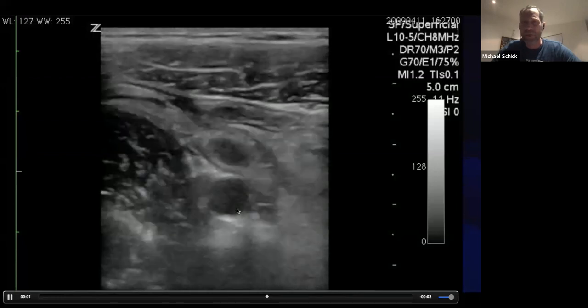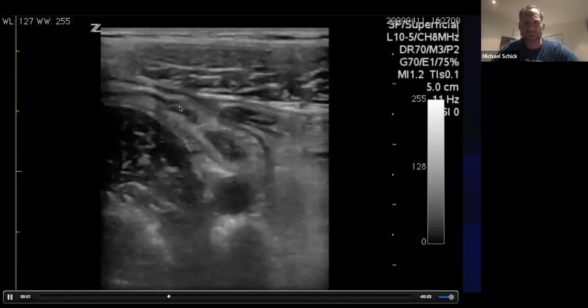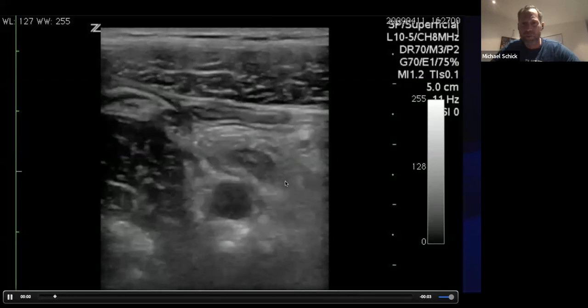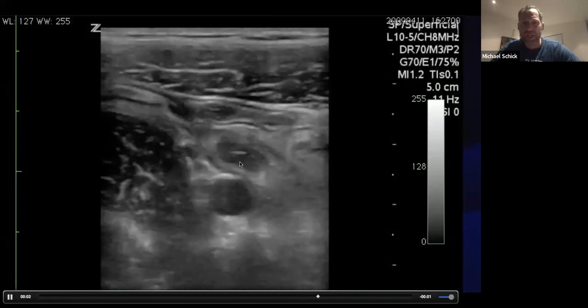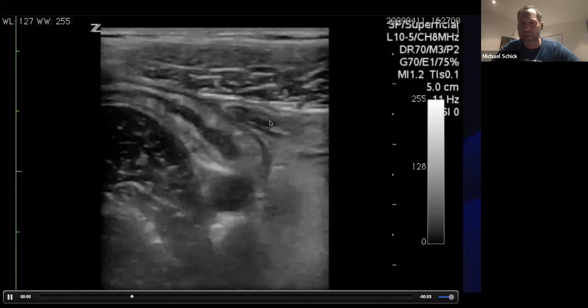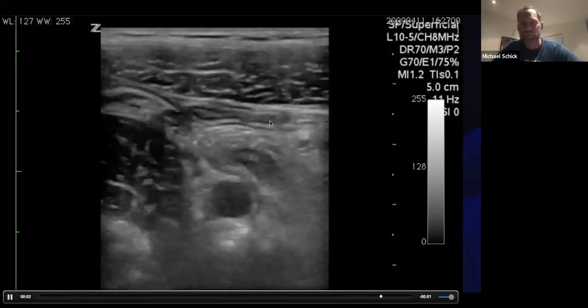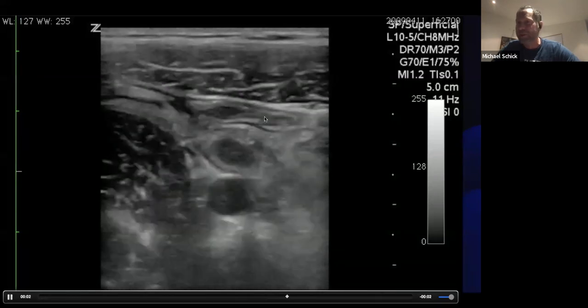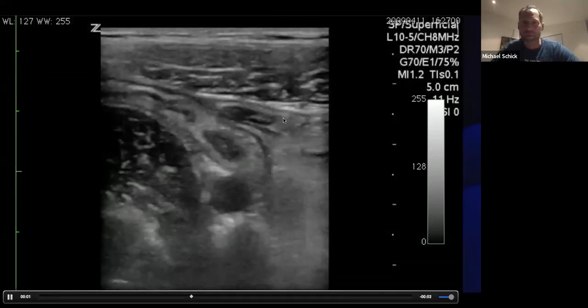And we're in a transverse plane here. And you can see bowel kind of going right over those iliac vessels. And you're looking for this blind-ended tube that is extending from the cecum. And it rarely looks this good, but you're looking for a blind-ended tube.